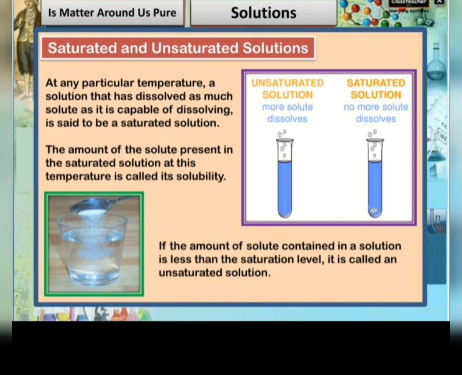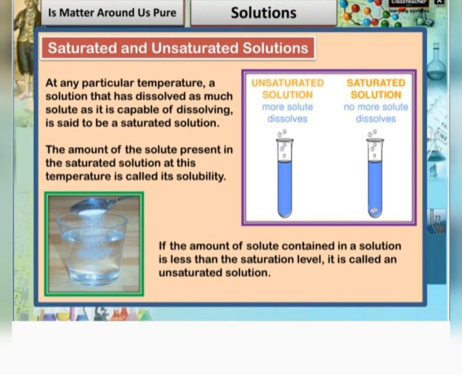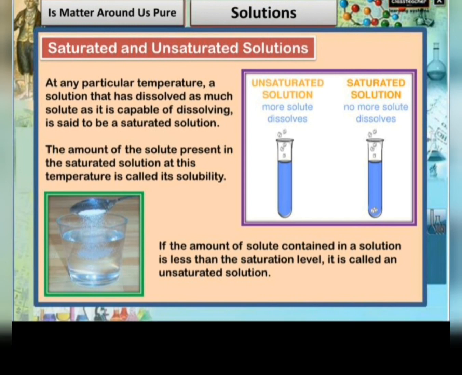The solute which had dissolved on increasing the temperature, if we cool down the temperature, that dissolved solute will separate out. Why? Because on cooling, the solubility of solute decreases. So that is why when solubility decreases, the dissolved solute will separate out in the form of solid crystals.